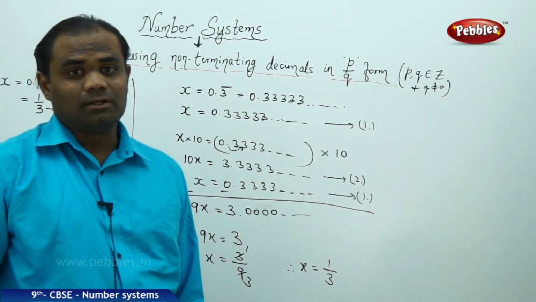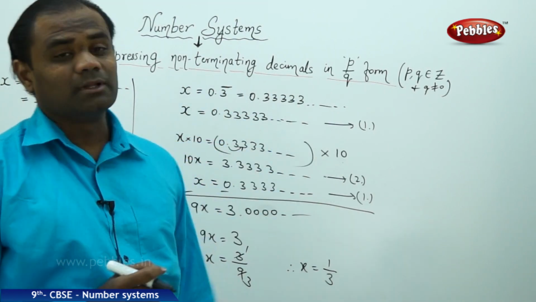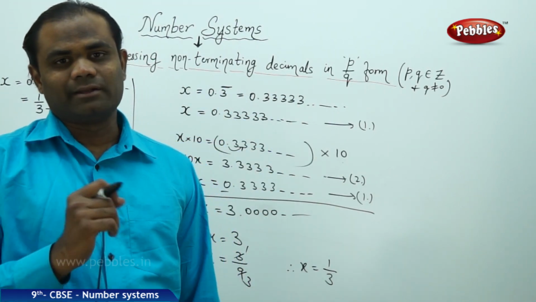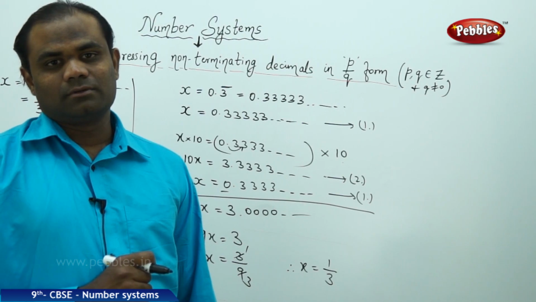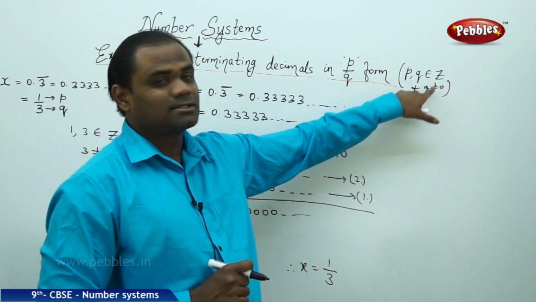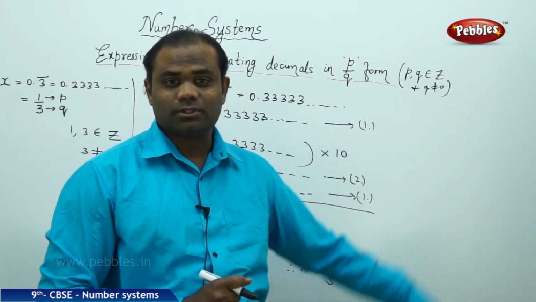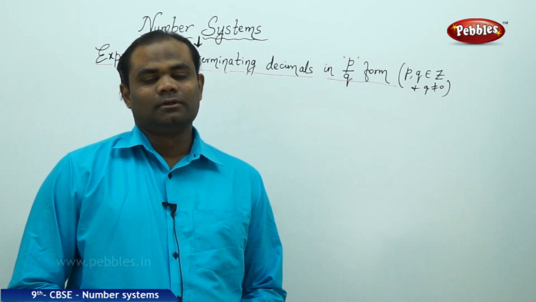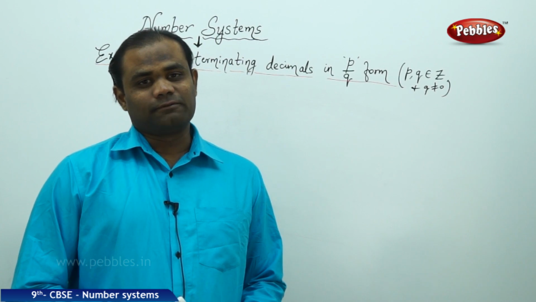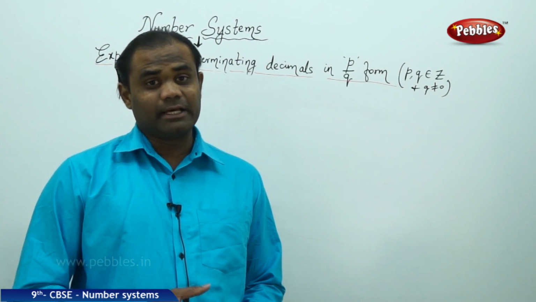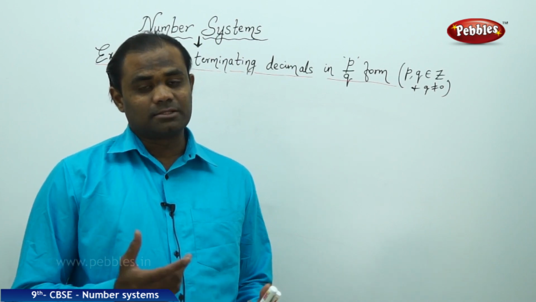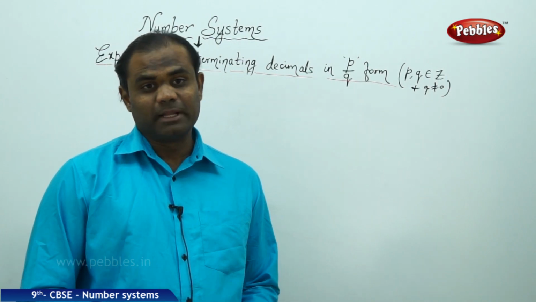Therefore, it is possible that every non-terminating recurring decimal can be expressed in the p by q form, the rational form, with two tests: test 1, p and q belong to Z, test 2, q not equal to 0. Now let's see what if the recurring decimal has two decimal places.